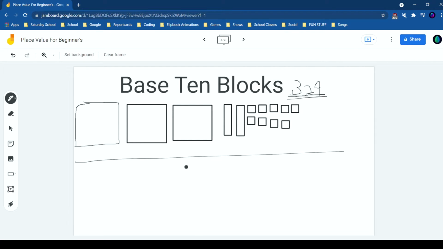Usually the place value table is invisible, I'm just showing it. So you put the 9 because there's 9 in the ones place. There's 2 in the tens place because there's 2 tens. And there's 3 in the hundreds place because there's 3 hundreds. Pretty simple, right? And then you got the answer, 329.